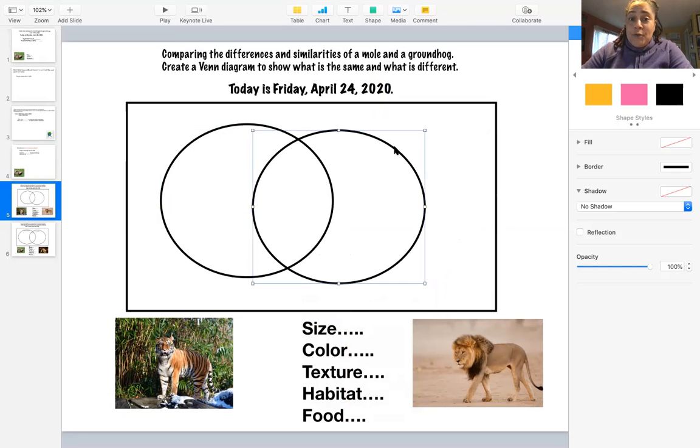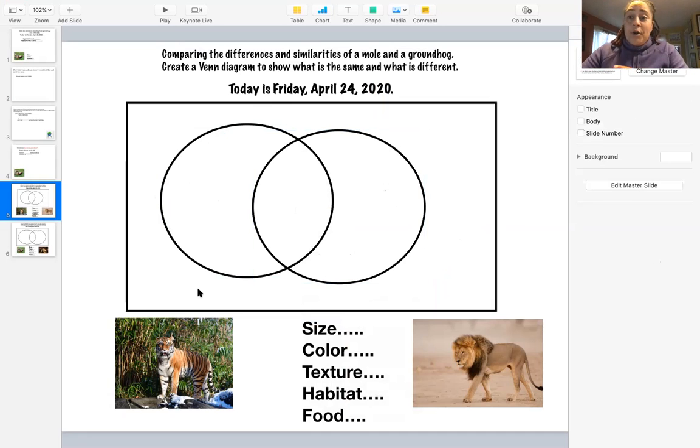You see how there's some space over here, some space over here, and then there's space in the middle. That is what we need when we are creating a Venn diagram, because we're going to describe things that are just about one animal over here. We're going to describe things that are just about another animal over here, and then we'll describe what's about both of them in the middle.